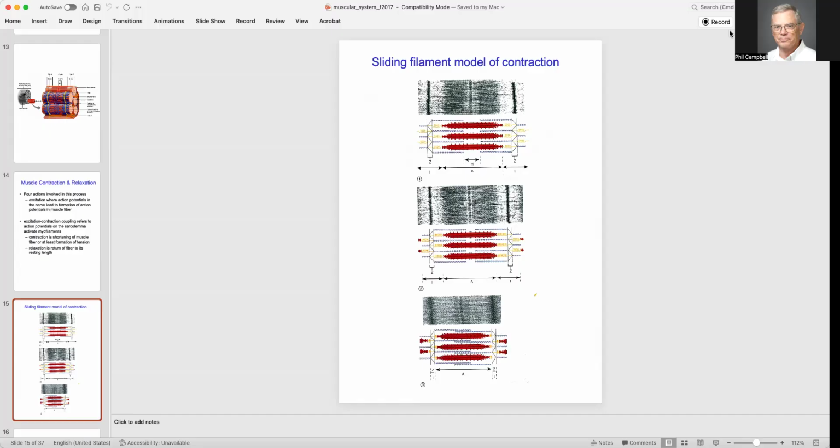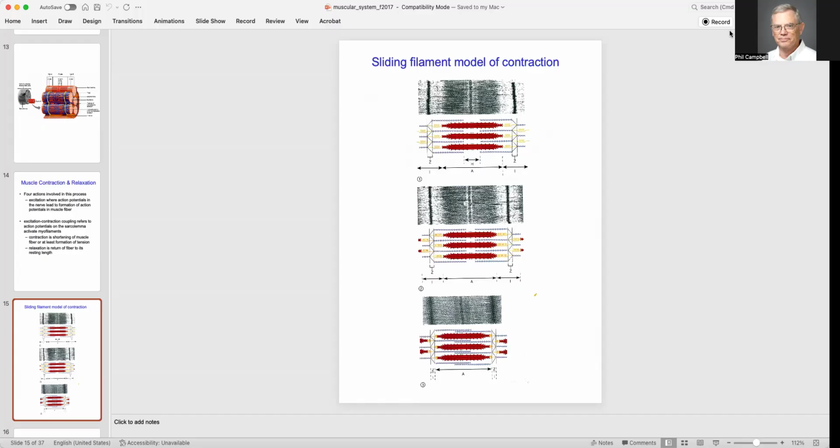What happens over here in your I band? Now, because this doesn't move, but these thin filaments move toward the M line, right? As they're moving toward the M line, they're going to be pulling the respective Z disc toward the M line.